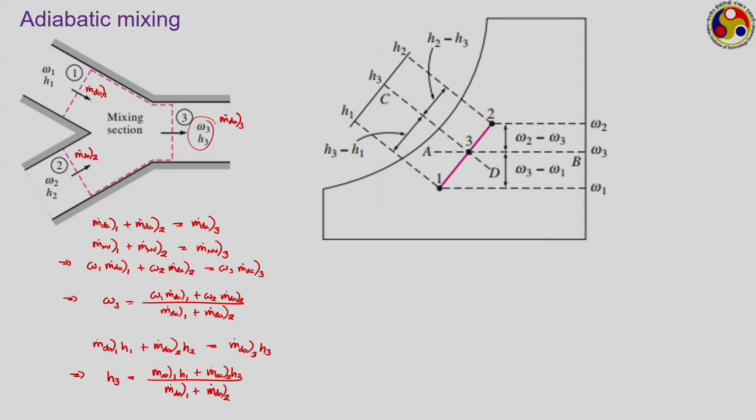Now, if we just compare the expressions that we have just developed, actually there is something very interesting that we can develop, that is if we write m dot dry air for 1 divided by m dot dry air for 2, then you will find it will be coming as omega 2 minus omega 3 by omega 3 minus omega 1, and from the energy balance it can be written as H 2 minus H 3 by H 3 minus H 1.